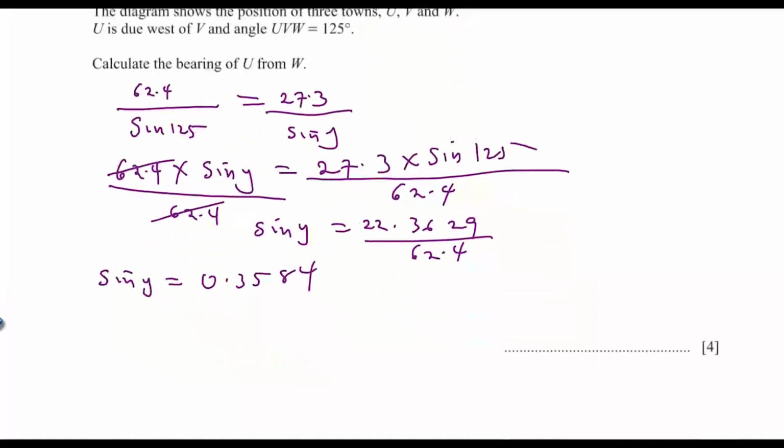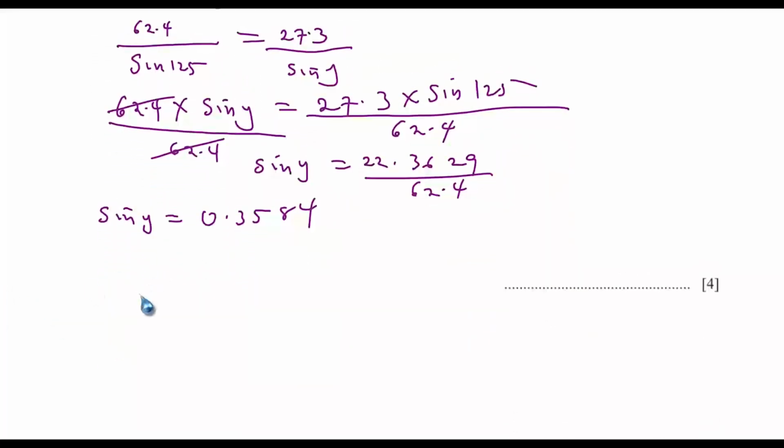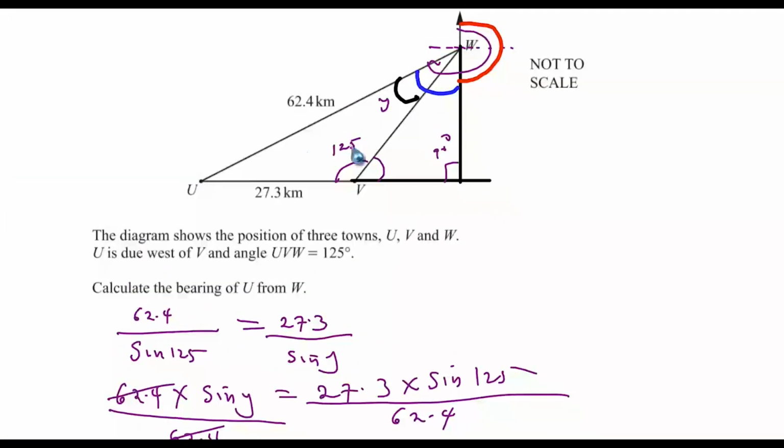Then we take sine inverse of both sides, so y equals sine inverse of 0.3584, as the sine inverse will cancel out the sine on the left hand side, so we are left with y. The value of sine inverse of 0.3584 is 21 degrees. So now we know that the value of y is equal to 21 degrees.